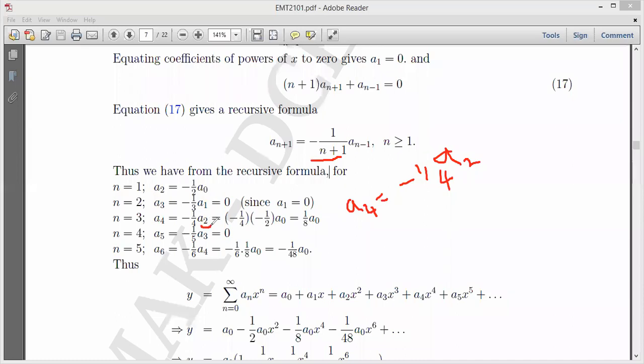A2 is here. A2 is 1/8 N0. So this is -1/4, then A2, which is 1/8.